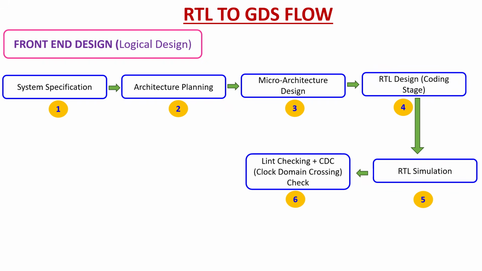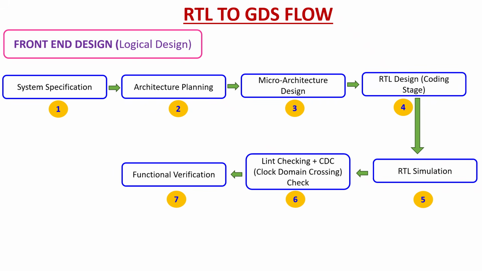The next stage is lint checking and CDC, clock domain crossing check. In lint checking, it detects coding style errors and structural issues in RTL. Whereas in the CDC, it ensures safe signal transfers between clock domains to avoid metastability.